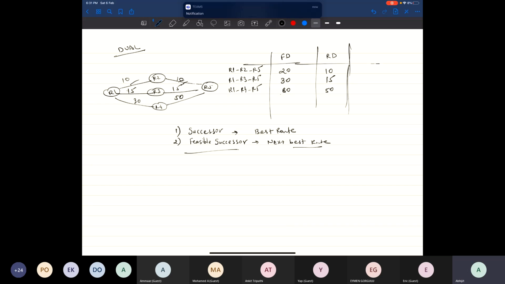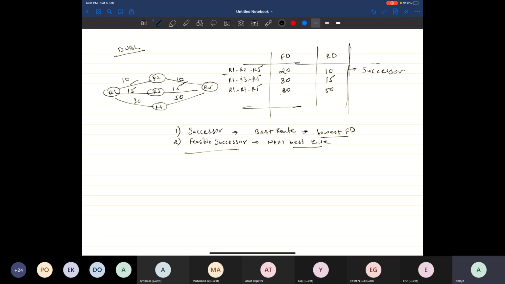So when I consider this, it means that successor will become the route with the lowest FD. The route which has lowest FD becomes successor. In our case, who will become successor? First route, right? So this particular route becomes successor.